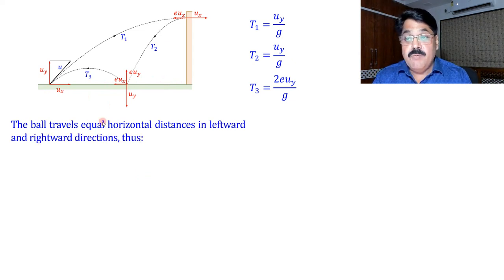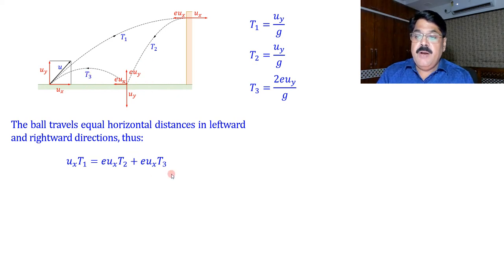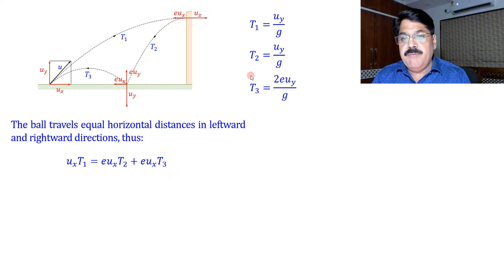Thus, what is this distance? You can write here ux into t1. This is for leftward. For rightward, it is eux into t2 and eux into t3. So actually from here to here, the x component velocity remains the same, and the total time is t1 plus t2 plus t3. So we can write it in this way. Now we substitute the values of t1, t2 and t3 in this equation.